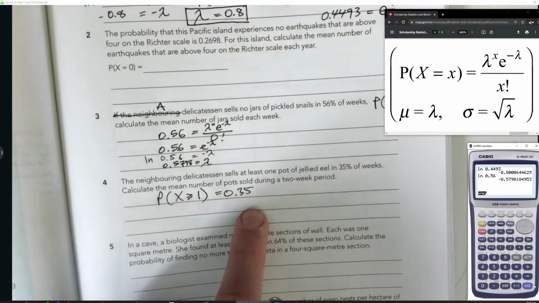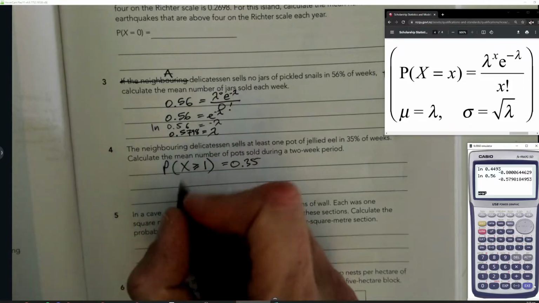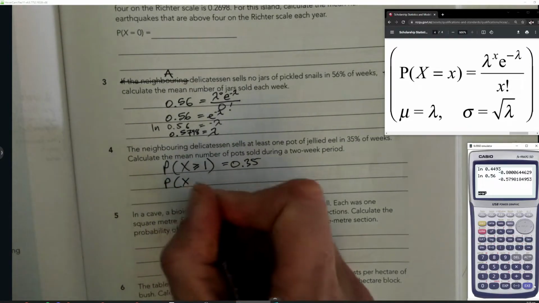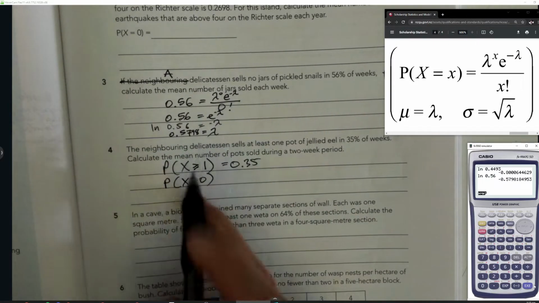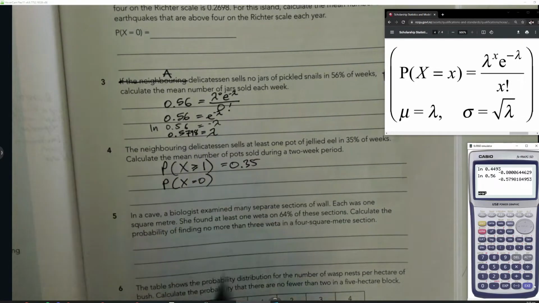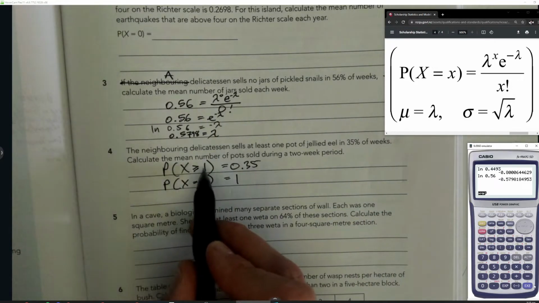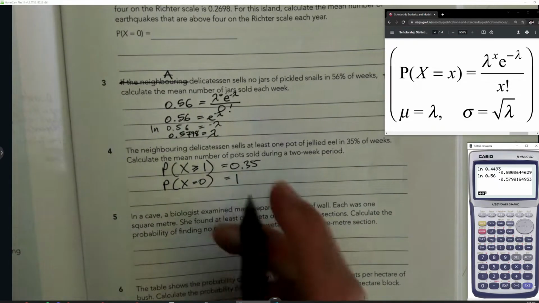So we can use this information, right? So this is at least 1. So then what's P(x = 0)? Because that's the only one that we can use to find lambda. That's going to be everything else, because this is at least one jar or pot.